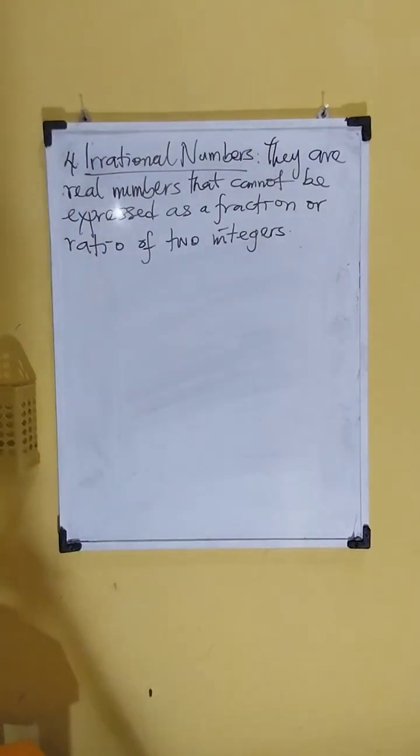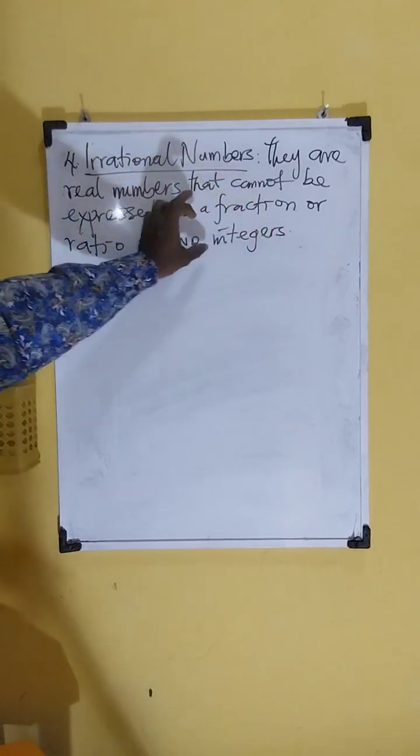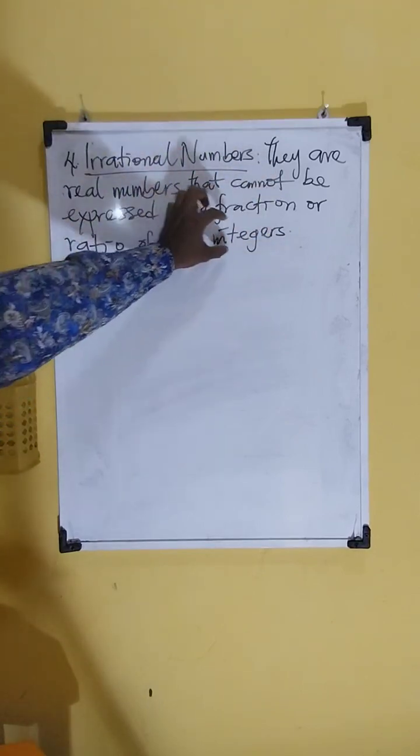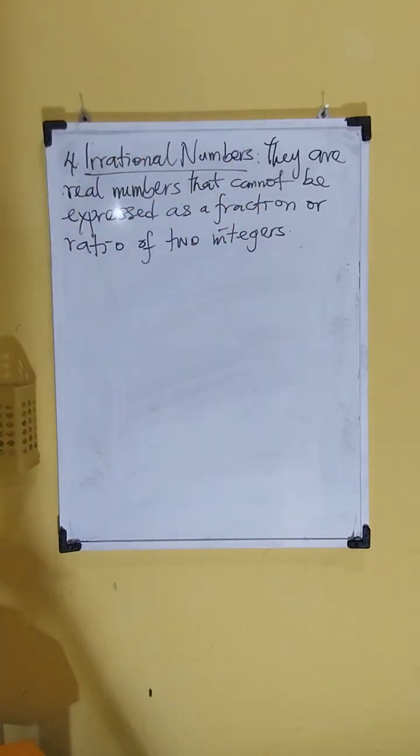So you can see somehow the other types of numbers have a kind of connection with integers. I will tell you for real that it is important that you understand this. You need to put this into your head. You need to know what this means. If you know what this means, it will help you to be able to handle the others. So now we are told that irrational numbers are real numbers.